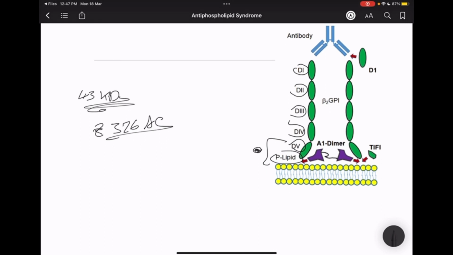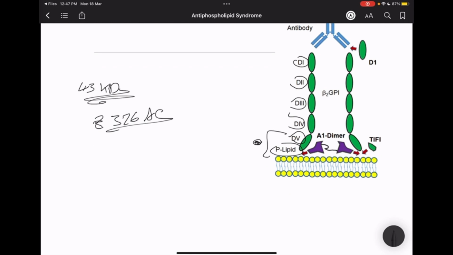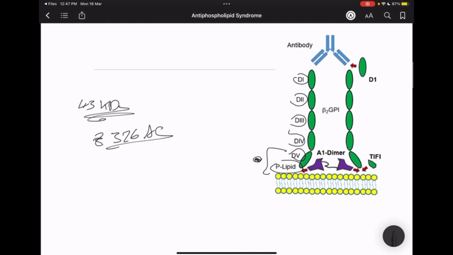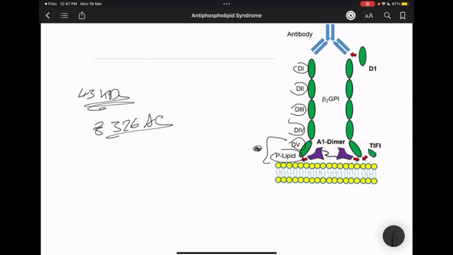There is another thing to say about the VDRL test. Treponema pallidum causes syphilis. Patients with antiphospholipid syndrome have antibodies that are able to recognize the cholesterol complexes in Treponema pallidum, and that will lead to false positive serologic tests for syphilis.